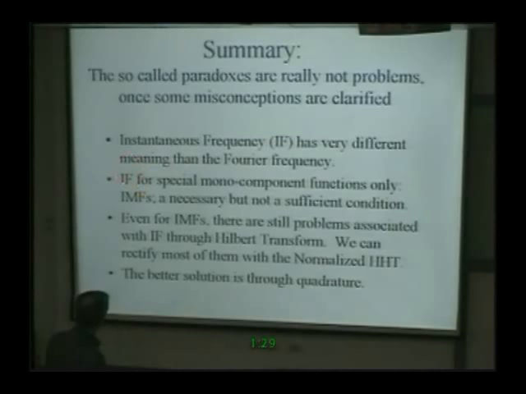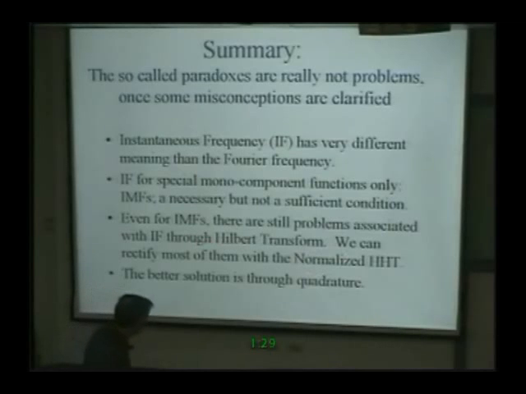IF, instantaneous frequency, for a special non-monotonic function is for special monocomponent functions only. But this monocomponent IMF is necessary but not sufficient. Even for an IMF, there's still a problem associated with the Hilbert transformation.